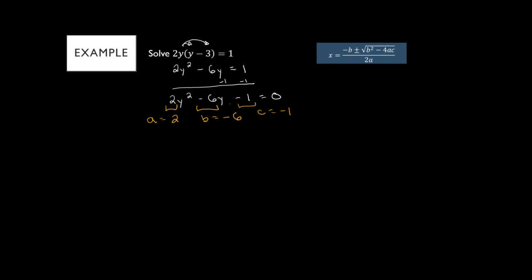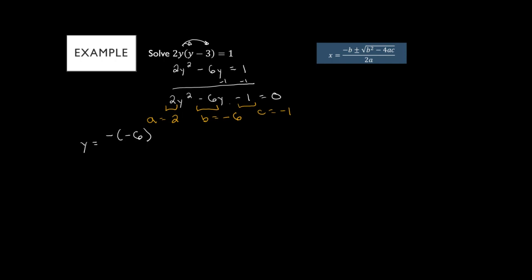Our variable is y, so now I'm going to have y equals. And now here's a point where a lot of people mess up. We have -b. B is already negative, so you end up with two negatives. It's a negative b, which is negative, then negative 6.